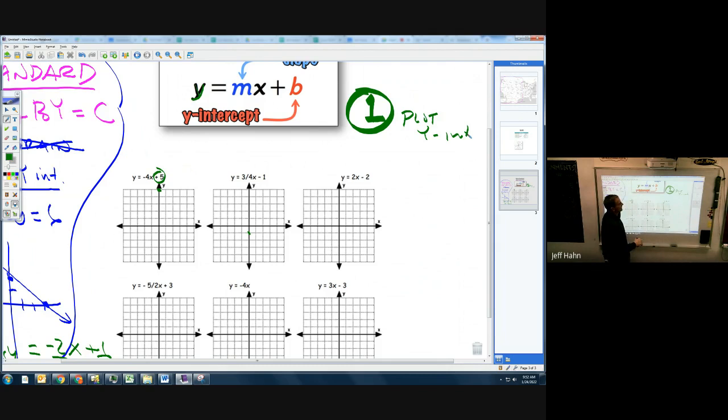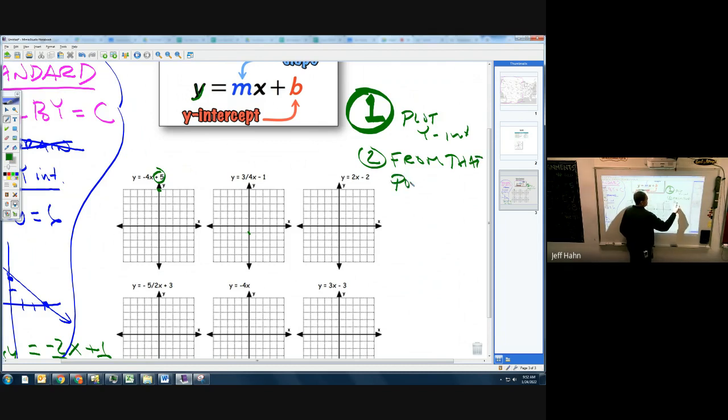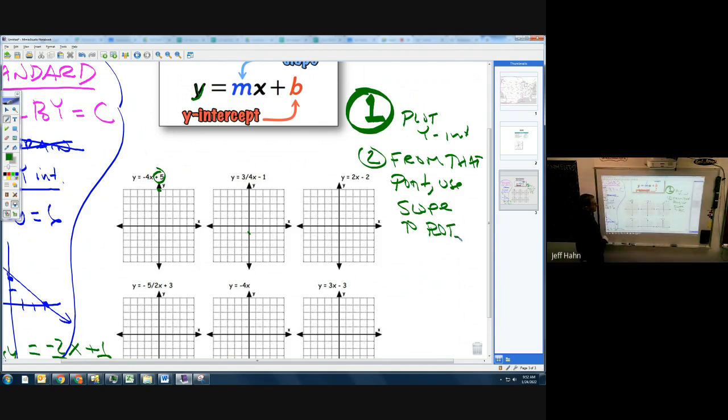The second thing you do is, from that point, use the slope to plot the rest. It's very, very simple. The letter m is there because the number in front of the x is the slope. We've talked about slope before.